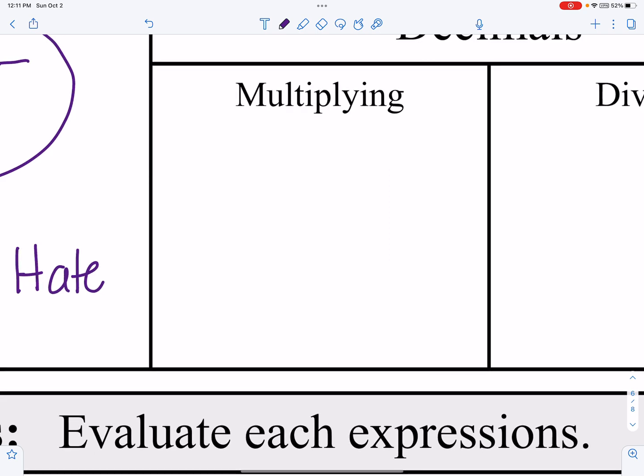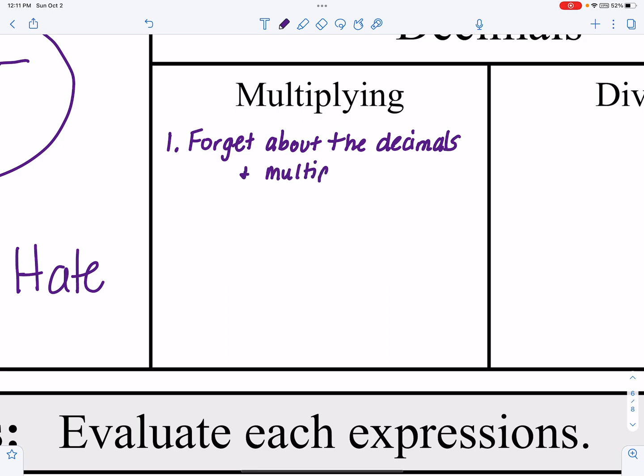So zoom in, let's get these written. Number one is completely forget about the decimals and just multiply. So you completely get rid of them, and we only focus on the decimals at the end.